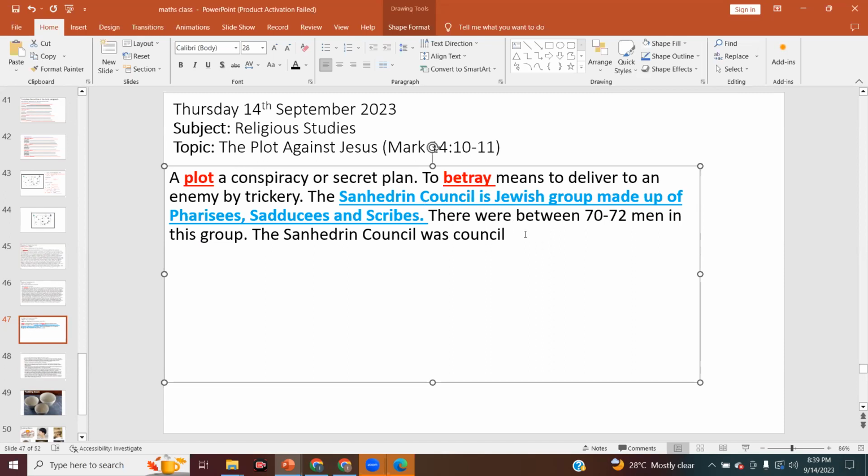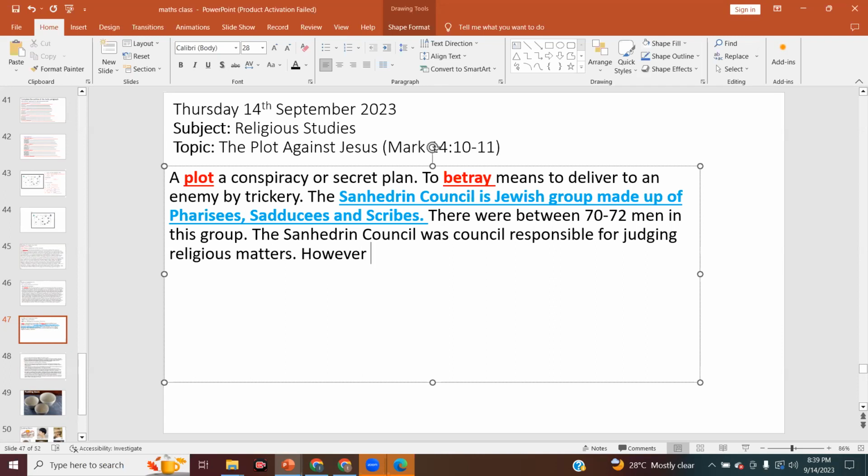So the Sanhedrin Council was responsible for judging religious matters. And they had a lot of influence. The people revered them and trusted them.